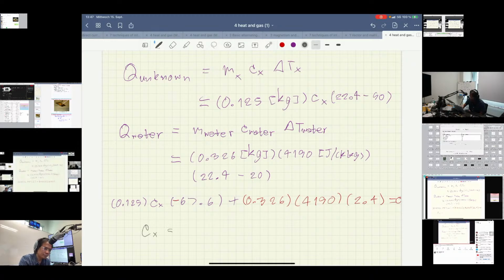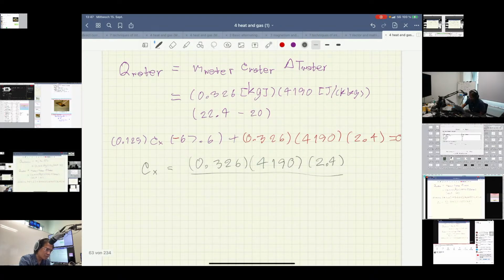Cx is going to be 0.326 times 4190 times 2.4 divided by 0.125 times 67.6, right?